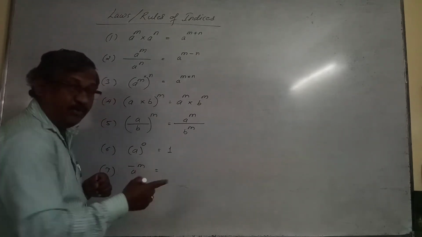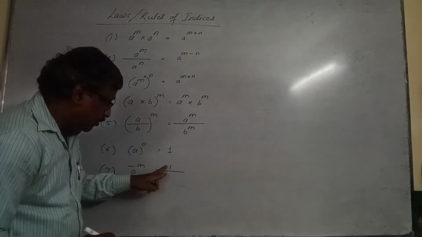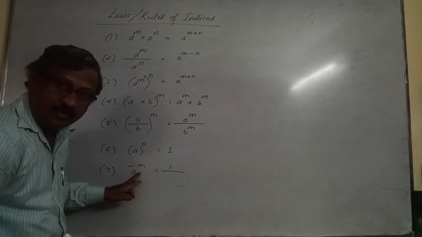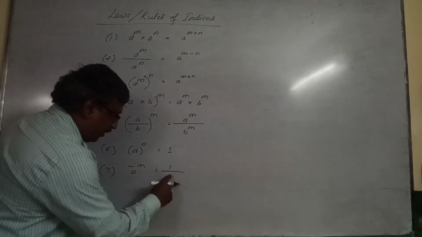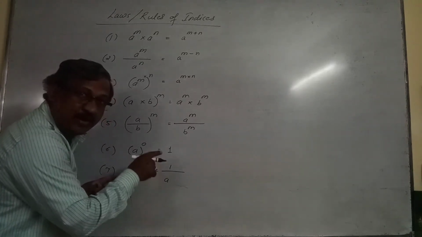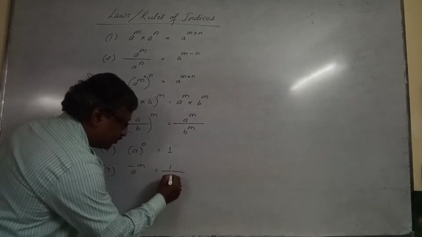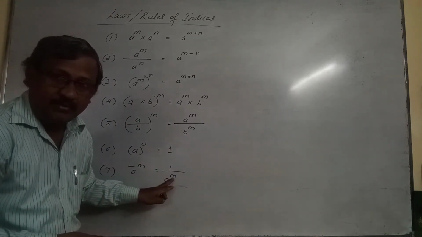To convert any value into its reciprocal form, 1 is always divided by the given value. The given value is a raised to minus n. So it is 1 divided by a raised to, instead of minus n, plus n. It is written as a raised to simply n, which is positive only.